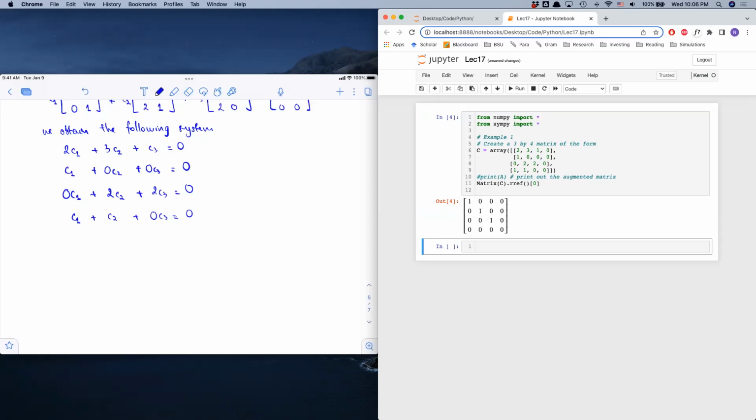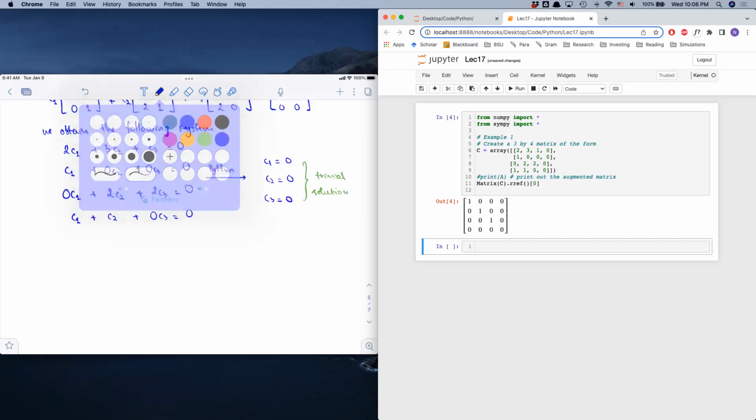It shows that C1 is equal to 0, C2 equal to 0, and C3 equal to 0 as well. So from Python, I get that C1 equal to 0, C2 equal to 0, and C3 equal to 0, or we obtain the trivial solution. Right.